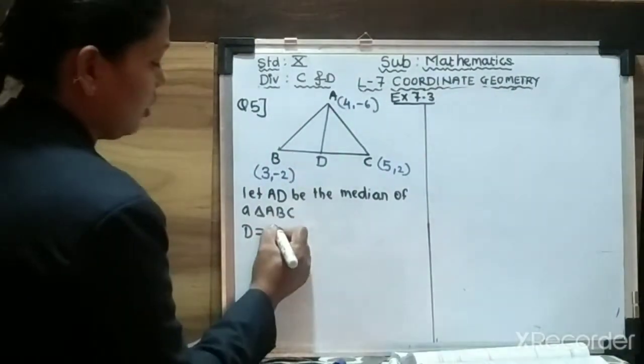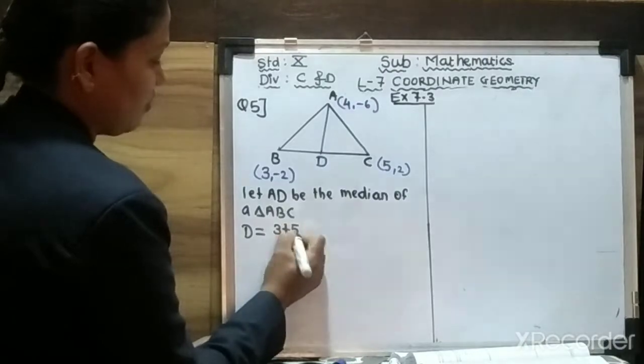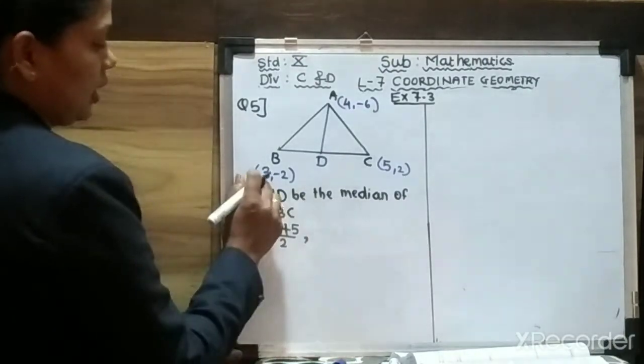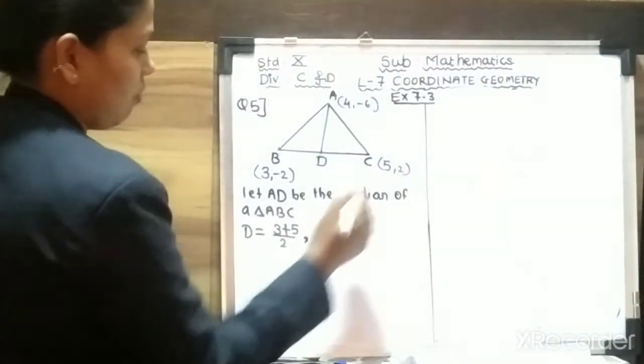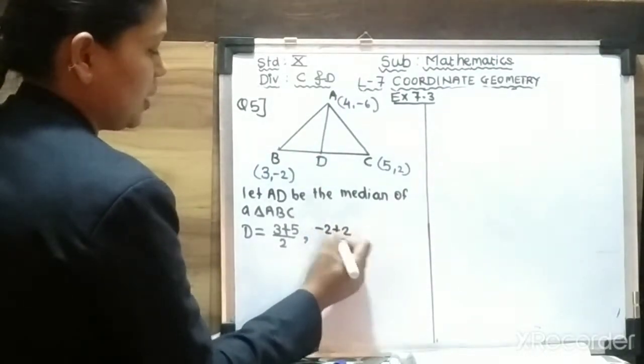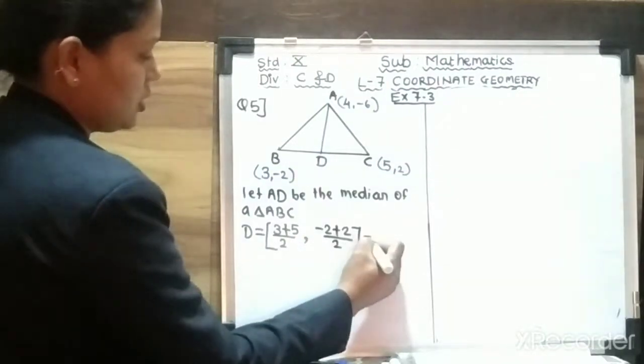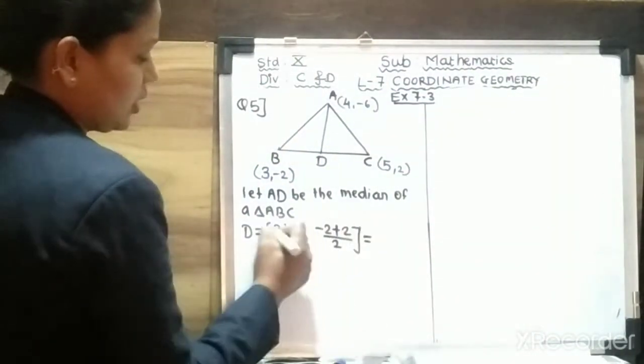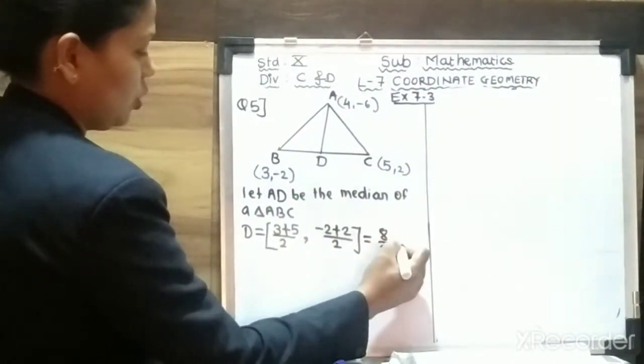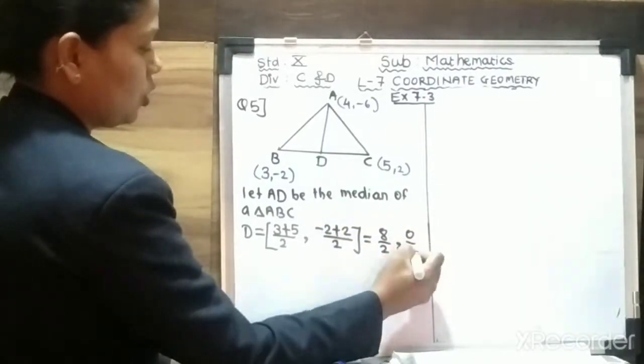D coordinates will be 3 plus 5 upon 2 for the x coordinate, and then the y coordinate, minus 2 plus 2 upon 2. So D is equal to 3 plus 5 is 8, 8 upon 2, comma 0 upon 2.